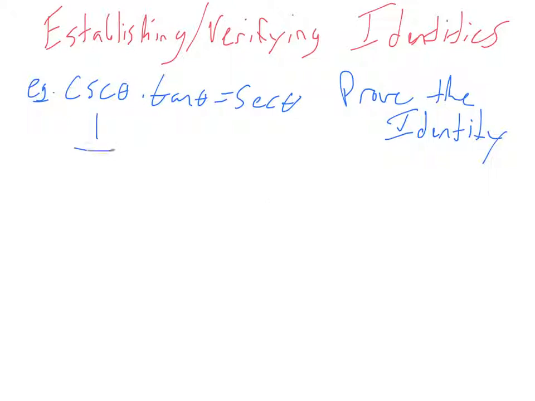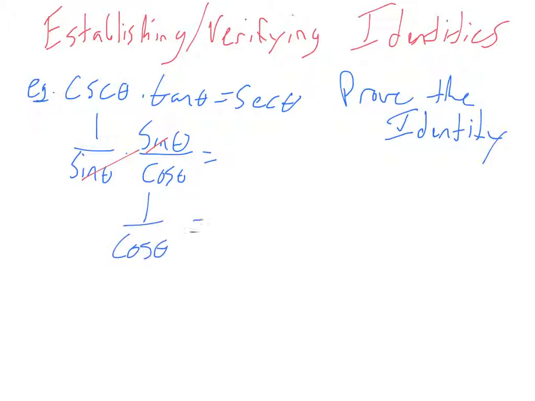Cosecant is 1 over sine, and tangent is sine over cosine. And so the sines cancel. We're left with 1 over cosine theta, and we know that that's equal to secant theta. So at this point, we have proven that identity. That was supposed to be a check mark.